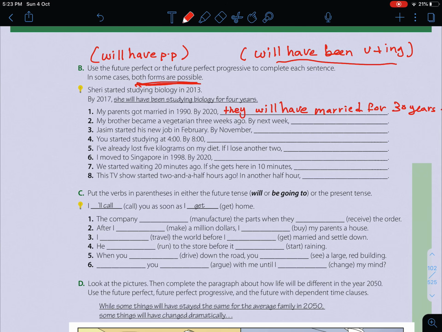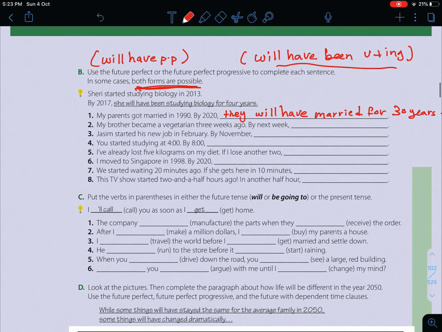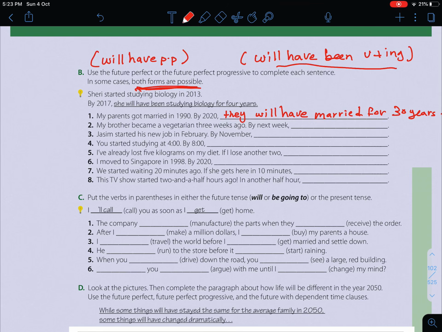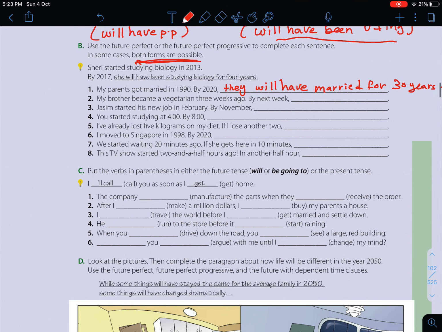Okay, it's just because we cannot say marrying, okay, I haven't heard it. Okay, now you can do the rest by yourself. طبعا it might be confusing, ممكن يكون الواحد يعني يشتبه عليه, but here is said both forms are possible. ممكن استخدم الاثنين.